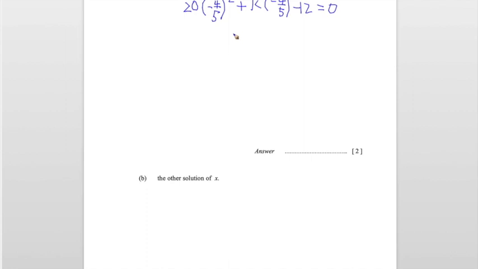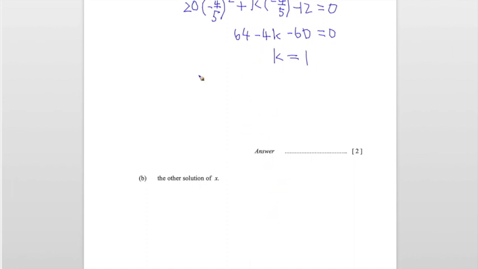So simplifying this, we should have 64 minus 4k minus 60 equals 0, and that works out to be k is 1.